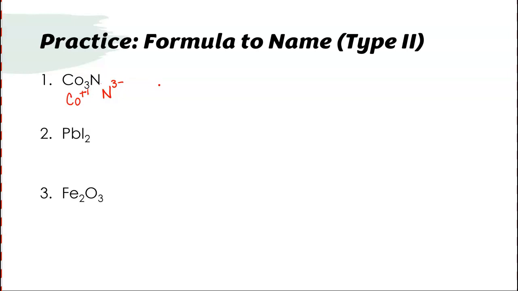So we would write cobalt, and then we put the Roman numeral I, and then nitride. This tells everyone that the cobalt is a +1 charge. If you simply wrote cobalt nitride, then we wouldn't know what the charge on the cobalt ion is.